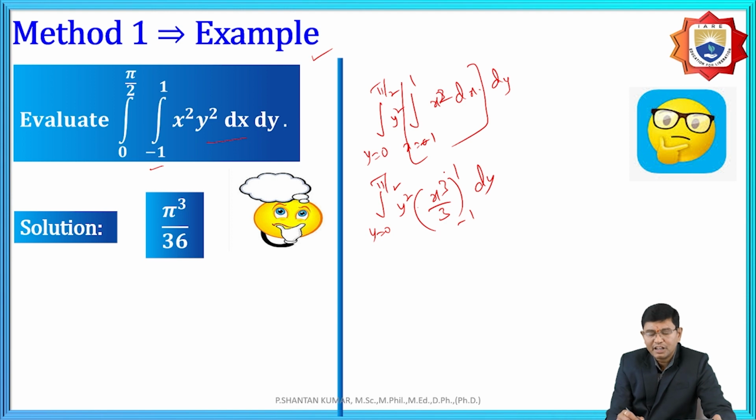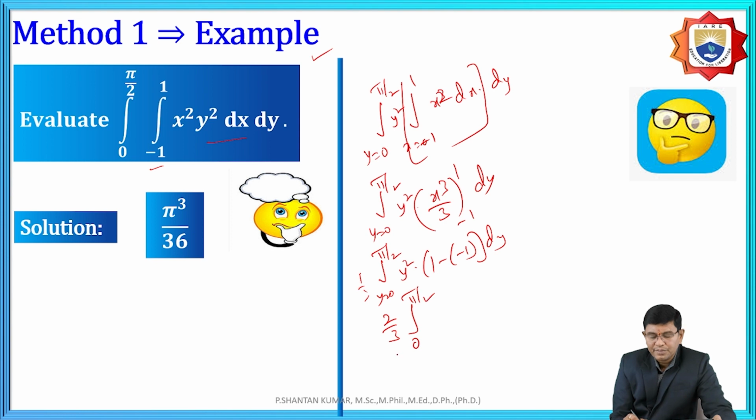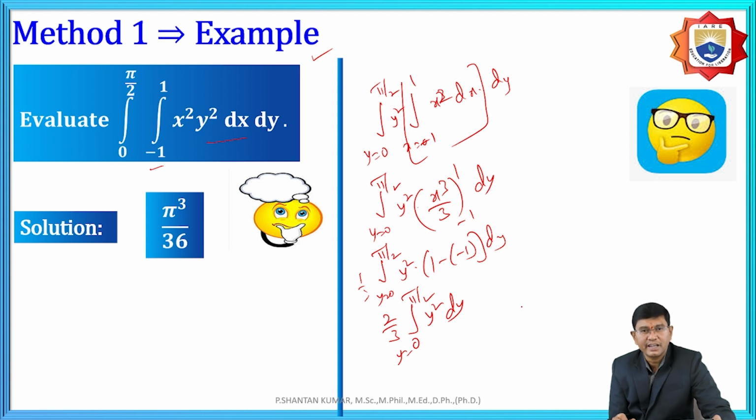After the replacement, 1 by 3 is taken out common, y from 0 to pi by 2 of y square into 1 minus the lower limit minus 1, into dy. 1 minus of minus 1 is 2, so that is 2 by 3 into the integration from 0 to pi by 2 of y square dy. Then we integrate with respect to y, giving y cube by 3, and 2 by 3 into 1 by 3 is 2 by 9.